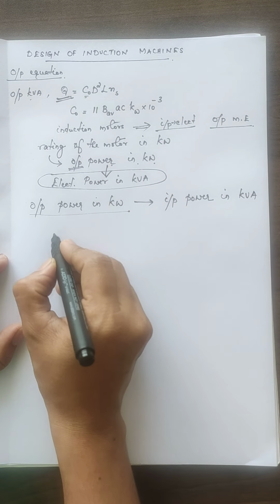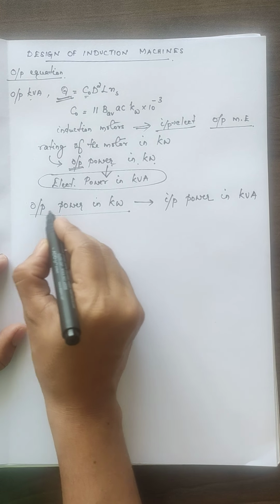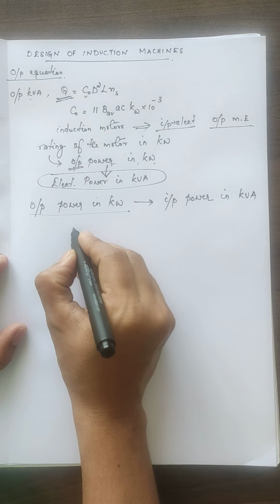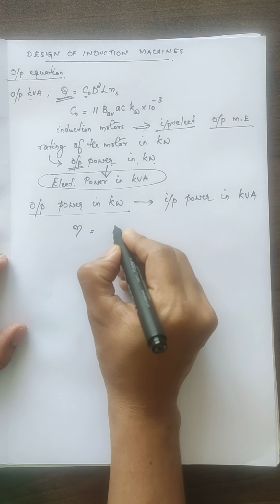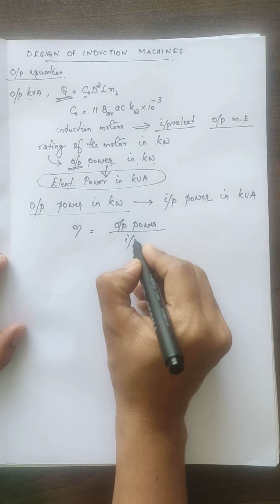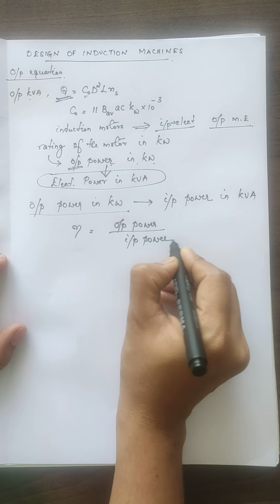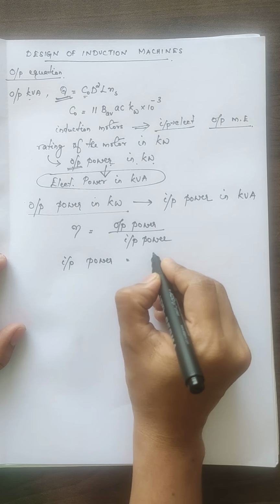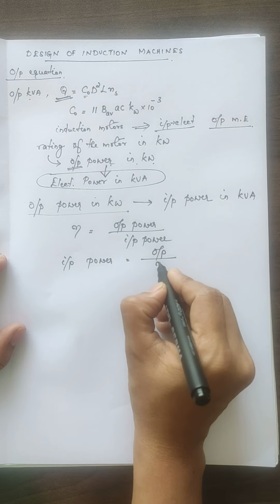First we need to convert output power to input power. How is that conversion done? We know that efficiency is equal to output power divided by input power. So we can calculate input power as output divided by efficiency.